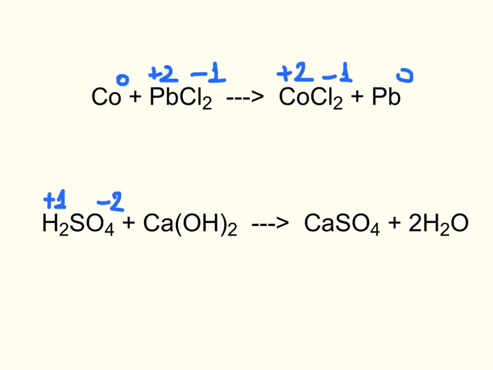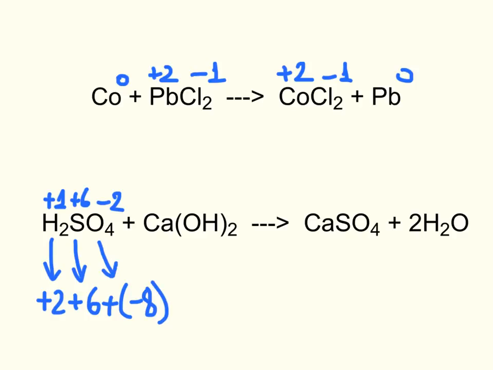And considering that the entire compound has to have neutral charge, the charge of 0, so the sulfur is supposed to be plus 6. So we have plus 2 from hydrogen, we have plus 6 from sulfur, and we have minus 8 from the oxygen, which makes it 0.